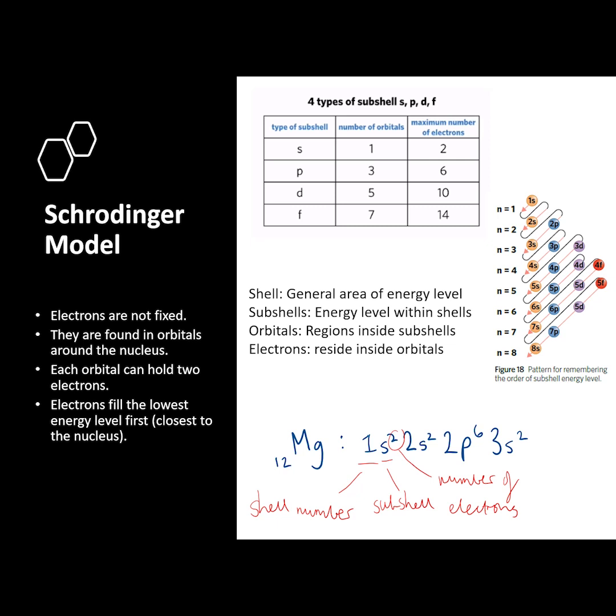It's not an ion, so it's got 12 electrons. The first number is the shell number, the second letter is the subshell, and the superscript is the number of electrons. And at the end there, we have the valence electrons, like in this case 3s2, so the two electrons on the third shell.